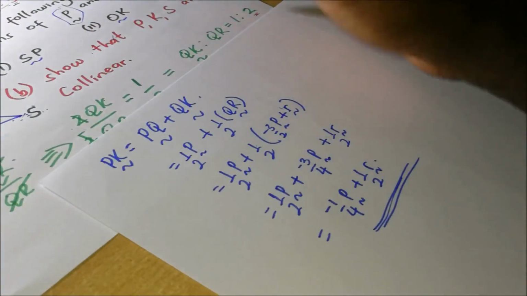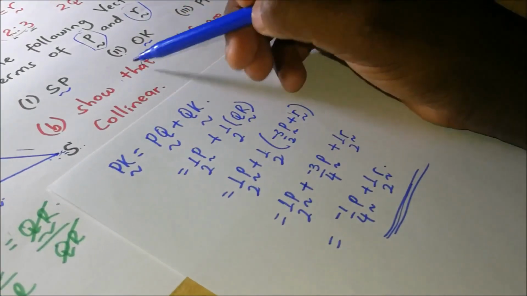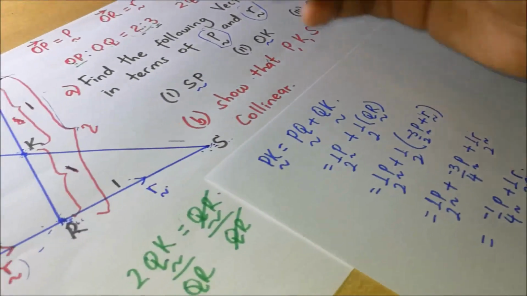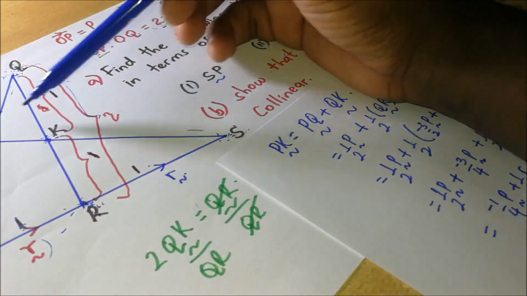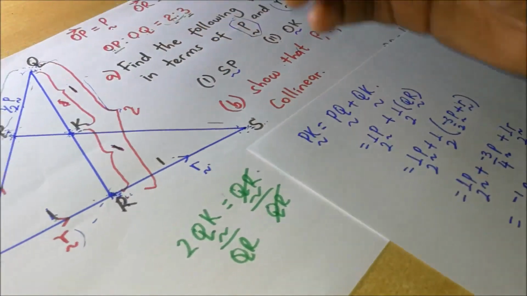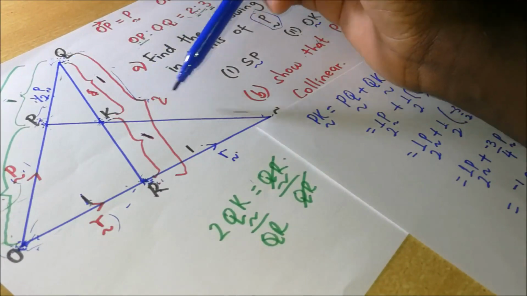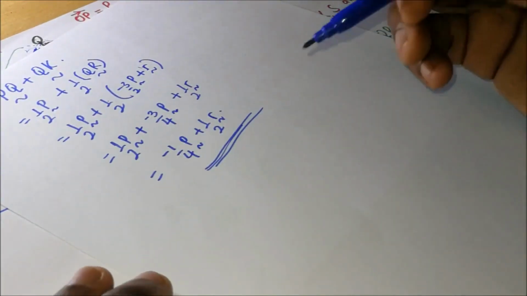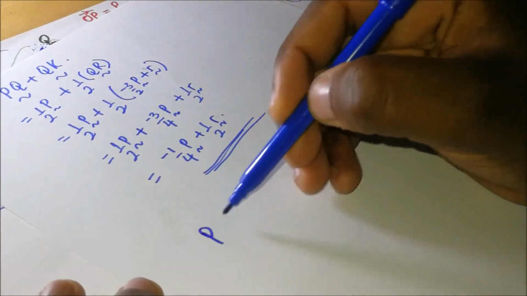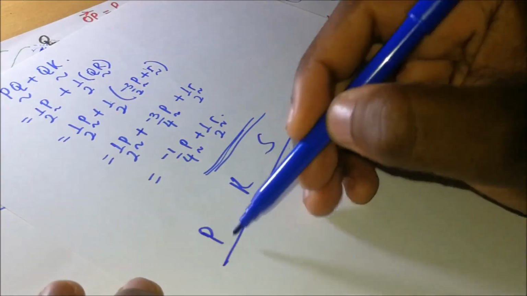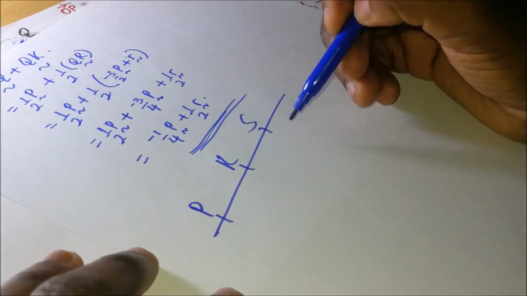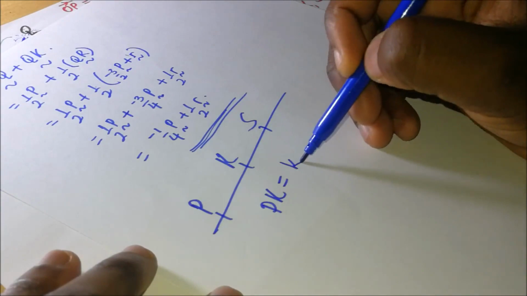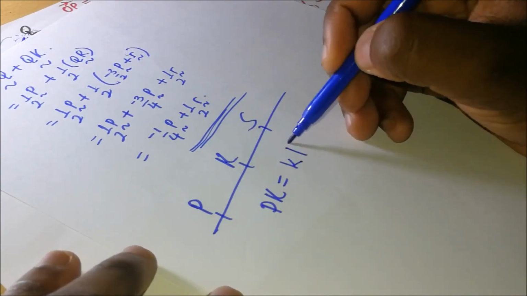So the question continues to tell us to go on and show that P, K, and S are collinear. Now from here, we have P, K, and S. We're supposed to show that these are collinear. To show that P, K, and S are collinear, PK should be equal to a certain scalar multiplied by KS.